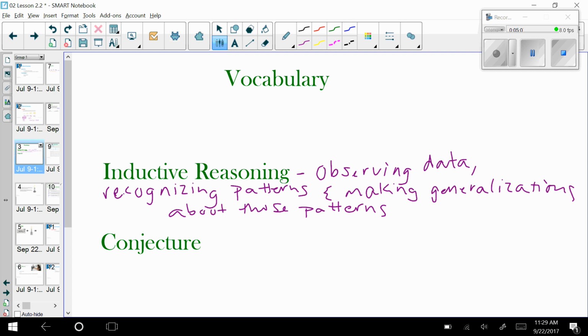The next key term we have is conjecture, and that's, while using inductive reasoning, the generalization that we make. So a conjecture is the generalization made from using inductive reasoning.